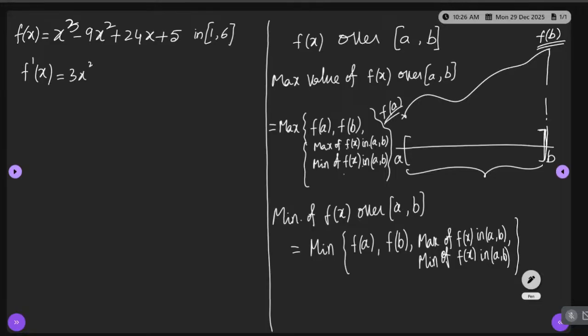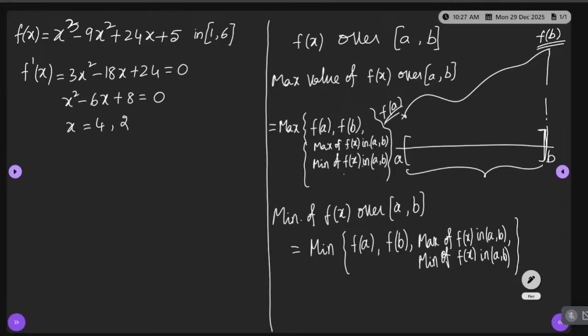3x square minus 18x plus 24 equals 0. So x square minus 6x plus 8 equals 0. What are the values of x? 4 comma 2. Am I right?